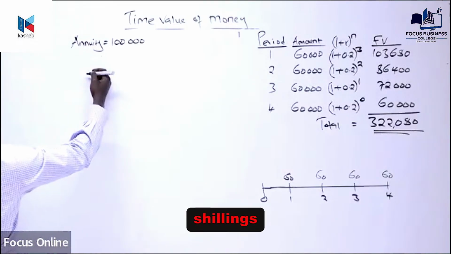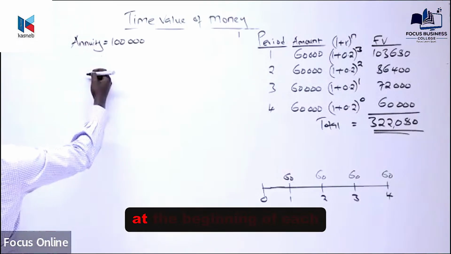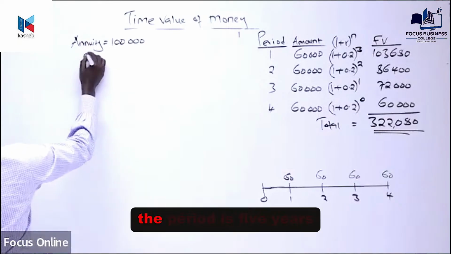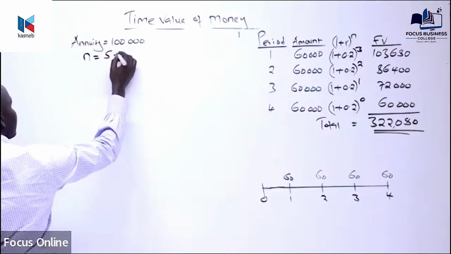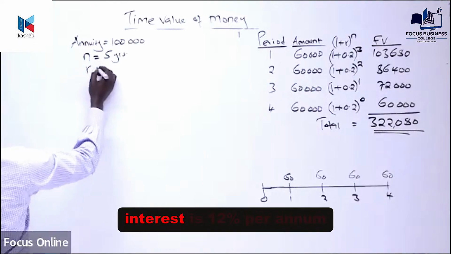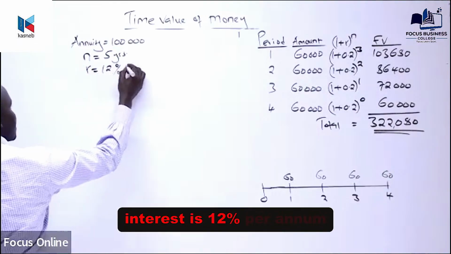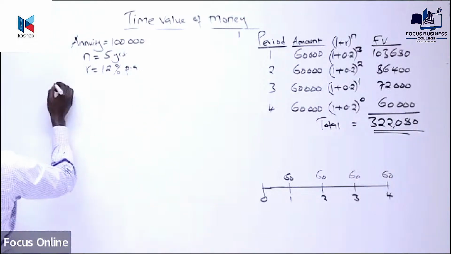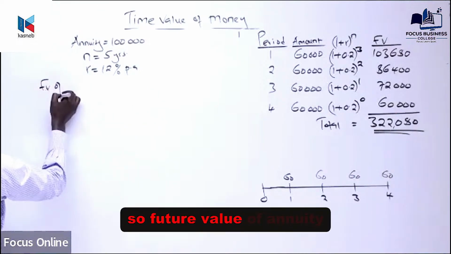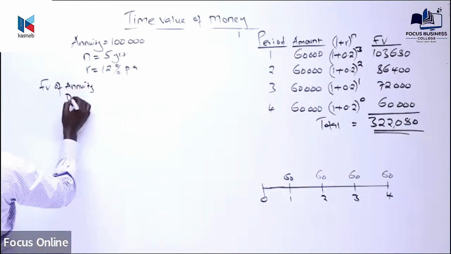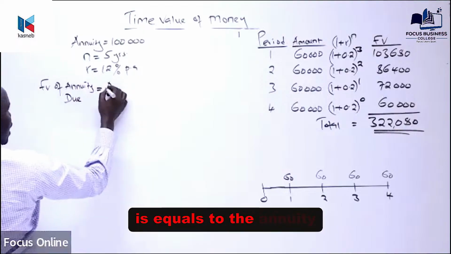What is the value of shillings 100,000 investment annually at the beginning of each of the next 5 years? The period is 5 years. Interest is 12% per annum, and it's at the beginning. So future value of annuity due is equals to the annuity.